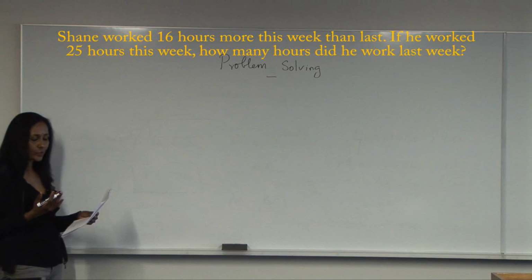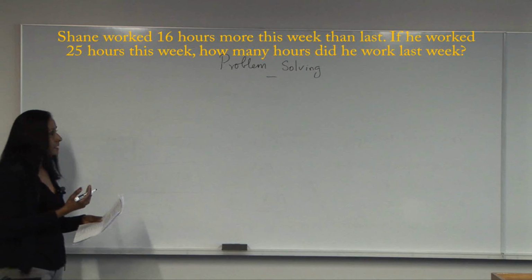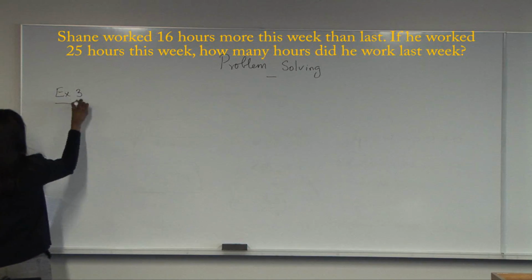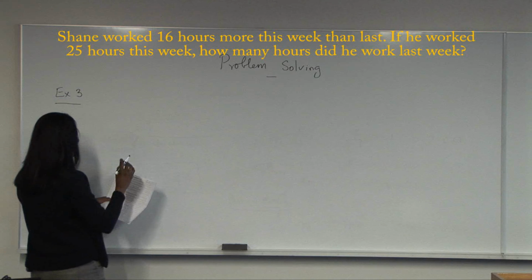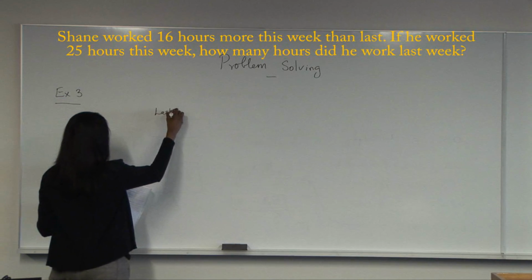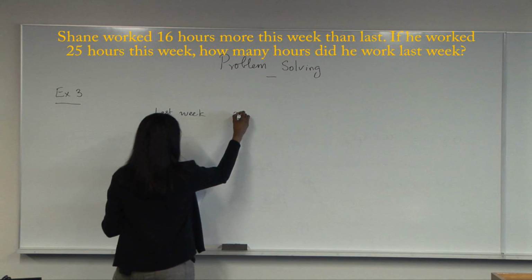So we don't know how many hours he worked last week. So what do we have to do? We have to set up a variable and then we have to use these conditions to solve this problem. So we do not know how many hours he worked last week. So let's say that he worked last week X hours.